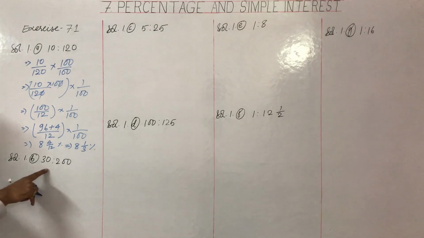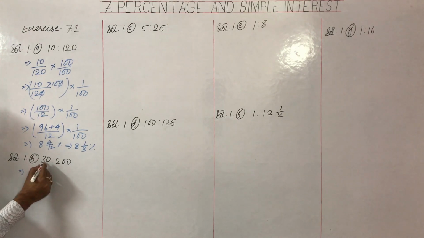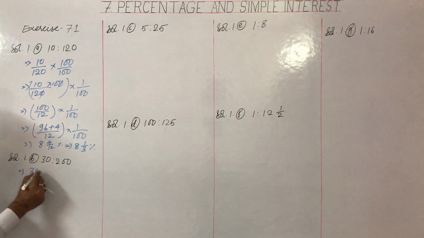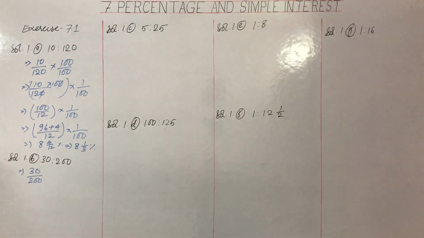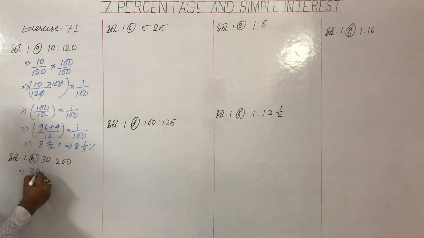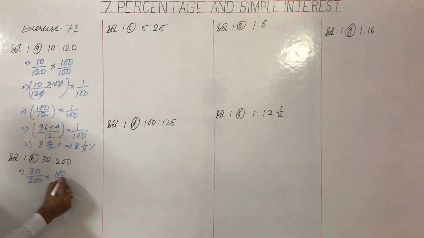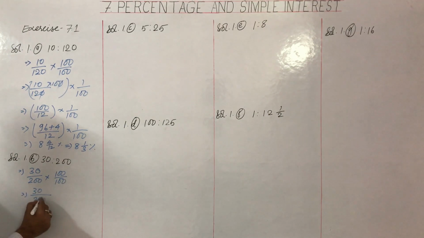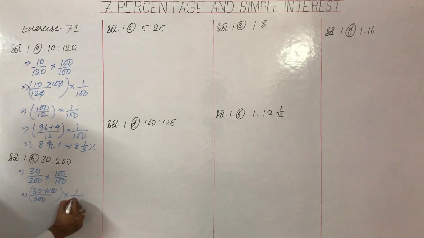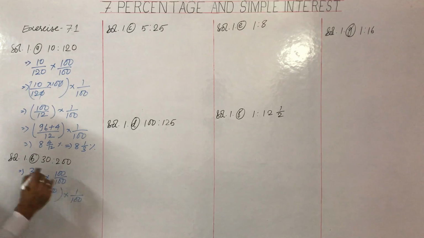Similarly, in the second problem, the given ratio is 30:200. So write in the fractional form 30 by 200. Then multiply this fraction by 100 by 100. Then again write 30, 200 and 100 separately, and 1 by 100 separately.